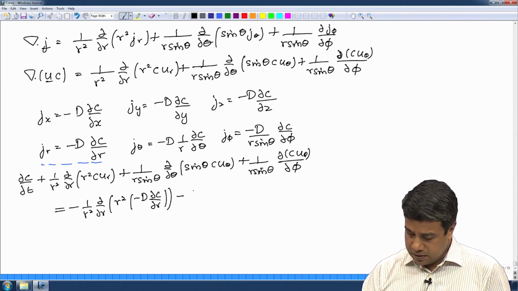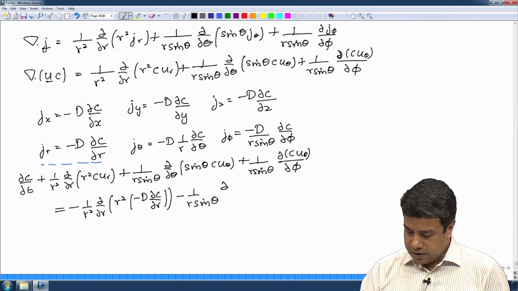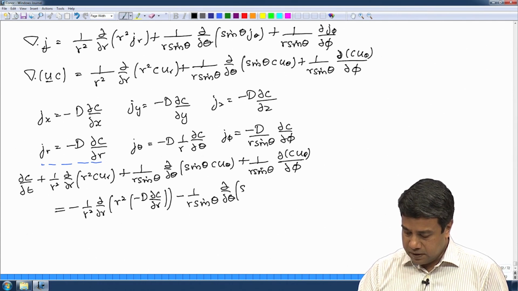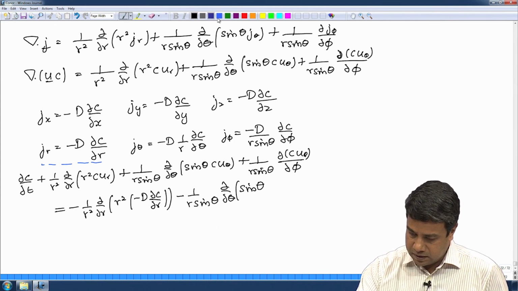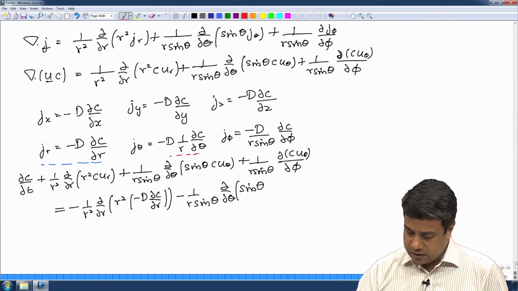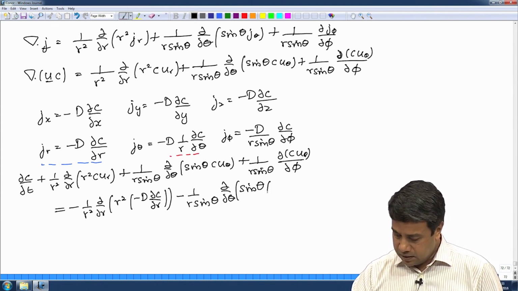And minus the second term is 1 by r sin theta d by d theta of sin theta into j theta, which is minus d by r partial c by partial theta.